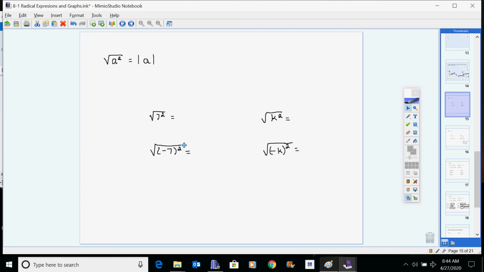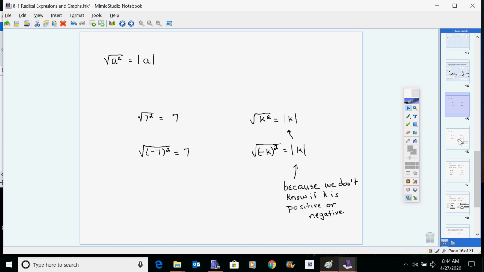So a square root undoes a square, but if you have a negative here, because this becomes a positive when you square it, then your answer turns out to be a positive of whatever that was. We don't know if this one's a positive or negative, so you put an absolute value around the answer so that you're safe.